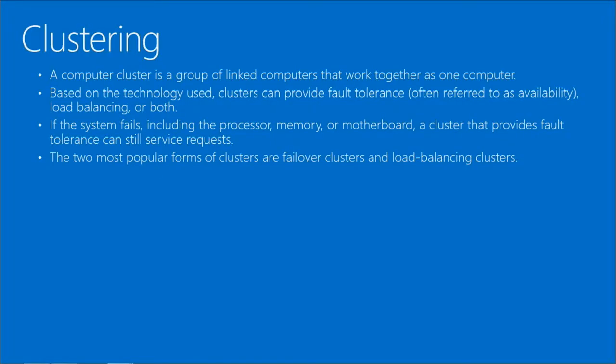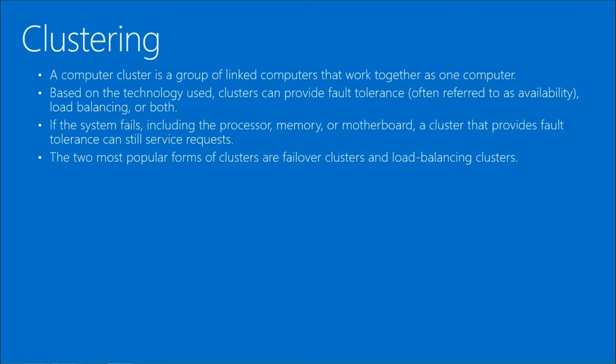So we've talked about drives, network cards, things of that nature. Now let's talk about servers being fault tolerant. So now we're talking more like clustering. Clustering is multiple servers that functionally perform as a single unit. So now you have two or more servers working as a single unit.